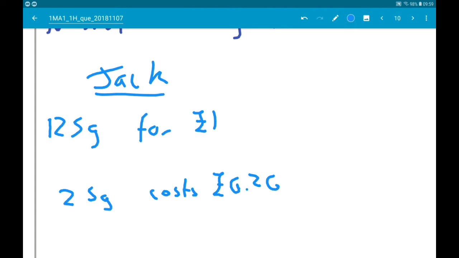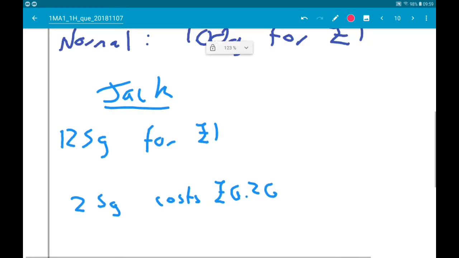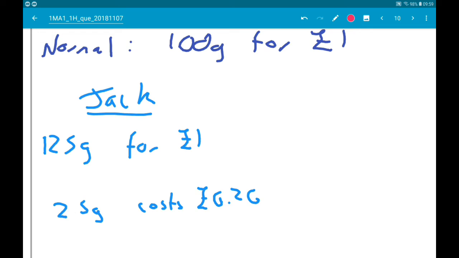So, for Sadia, we need that same value. So, we need it to be 25 grams costing 20p.